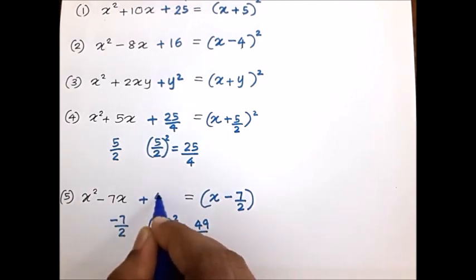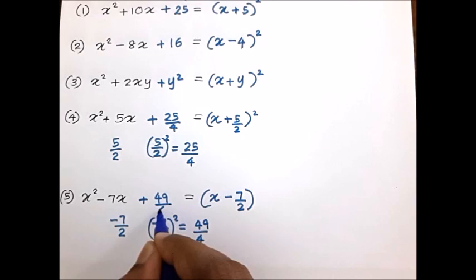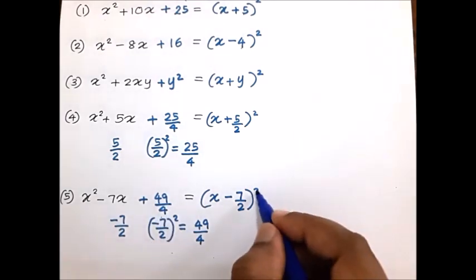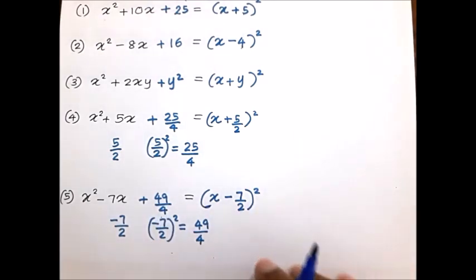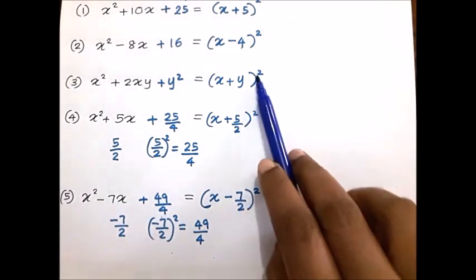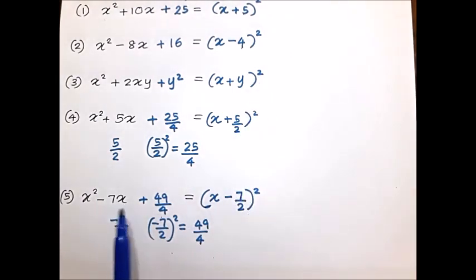You have to add 49 over 4. And write the square here. These are the perfect squares we obtain. Right? Relationship between these two is coefficient of x divided by 2, you can obtain this term. Then square this term to obtain this one.